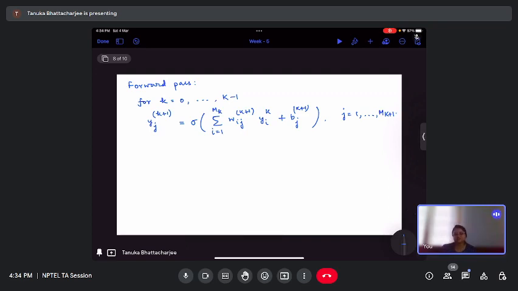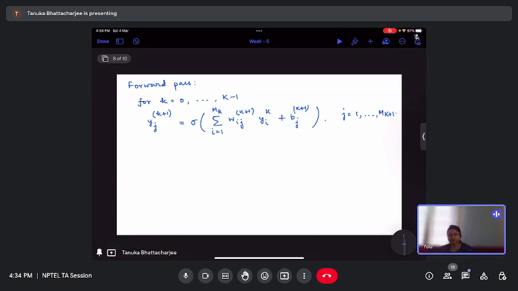Start from the 0th layer, which is your input layer, and let us say you have a total of k layers, so it goes from 0 to k minus 1. At each kth layer, you compute the output yj, which is the output of the jth neuron at each layer.